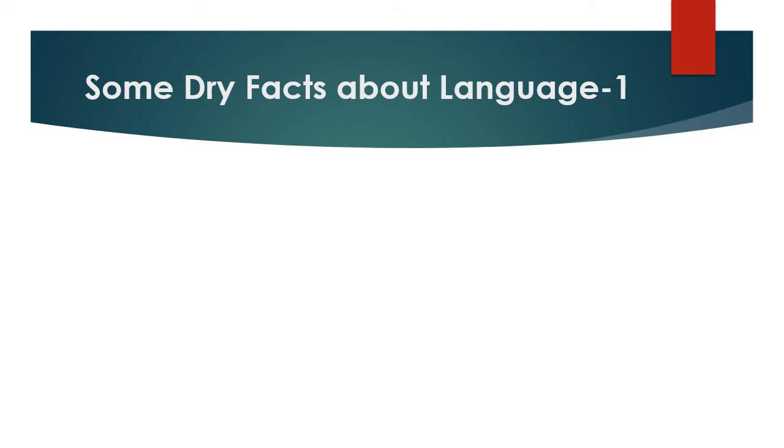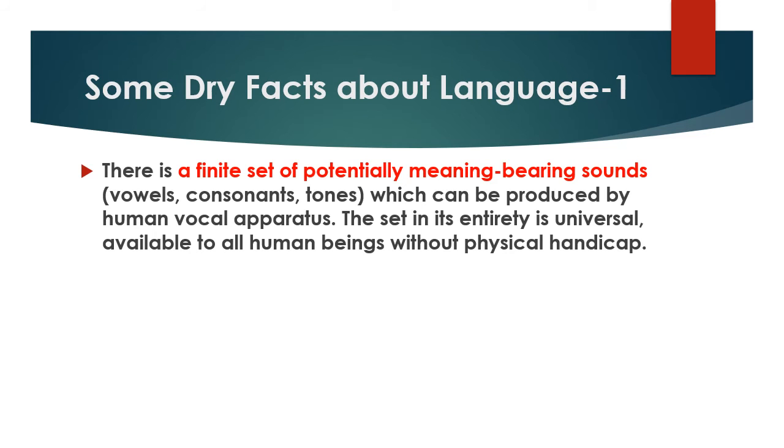Lippi-Green talks about some dry facts about language, especially when it comes to how we sound. First, the writer says there is an infinite set of potentially meaning-bearing sounds, vowels, consonants, and tones which can be produced by the human vocal apparatus.